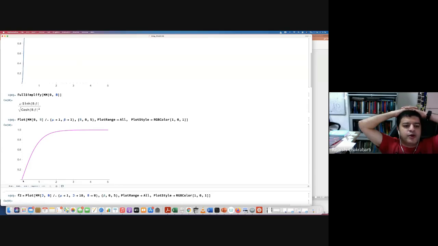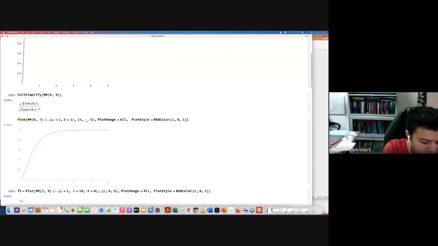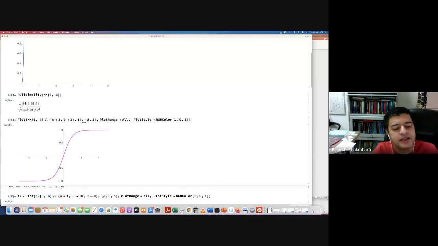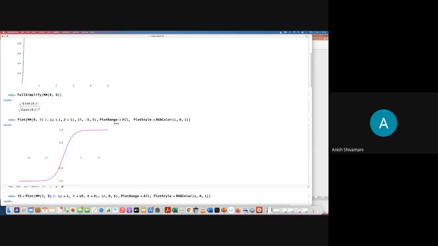And eventually, when your magnetic field is very, very large, only then does the magnetization become +1 or -1, or plus mu or minus mu per site. Is this clear? Hope we are following. Yes, sir.